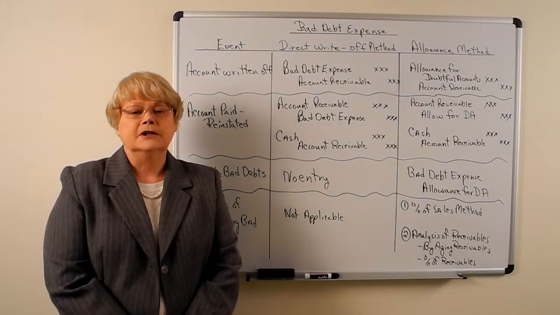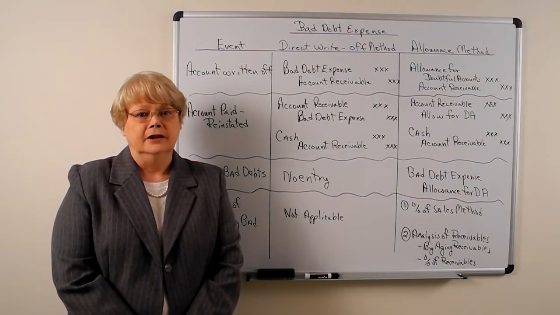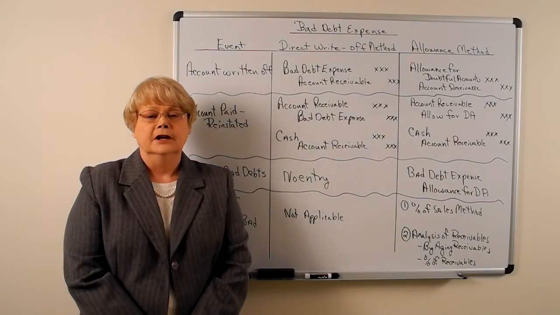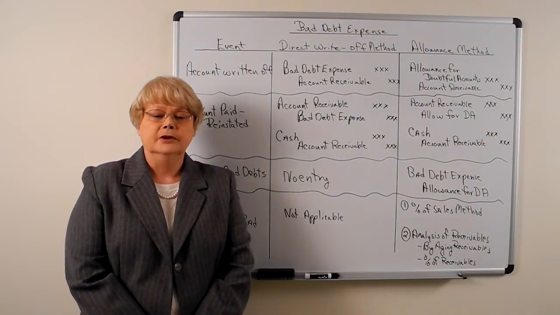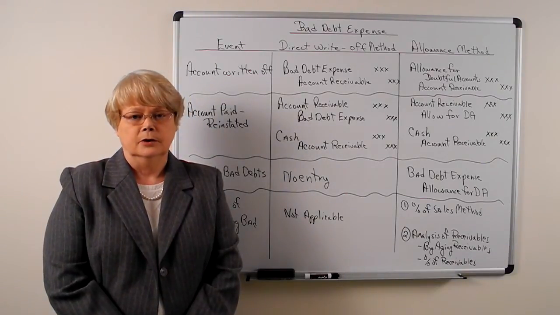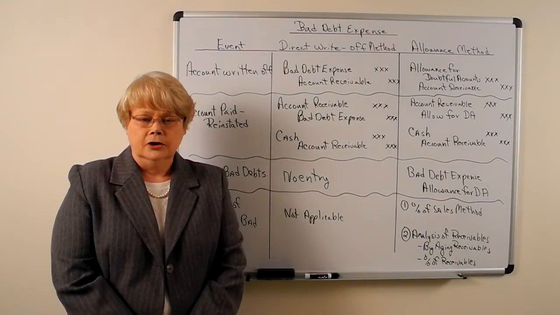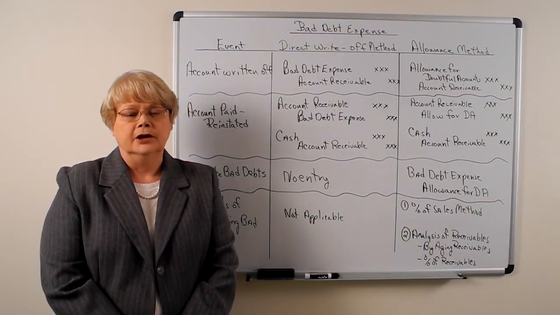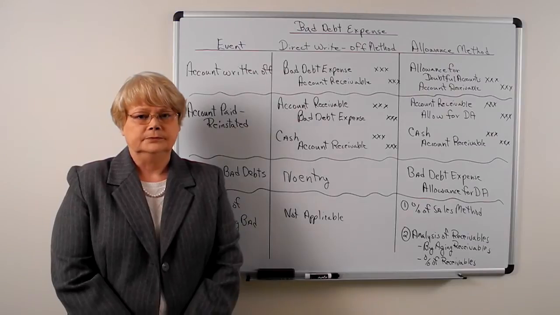So therefore, most companies use the allowance method, which does meet the requirements for the matching theory, because what we're doing there is estimating what our uncollectibles are going to be. Larger companies would use the allowance method, whereas smaller companies might use the direct write-off method.